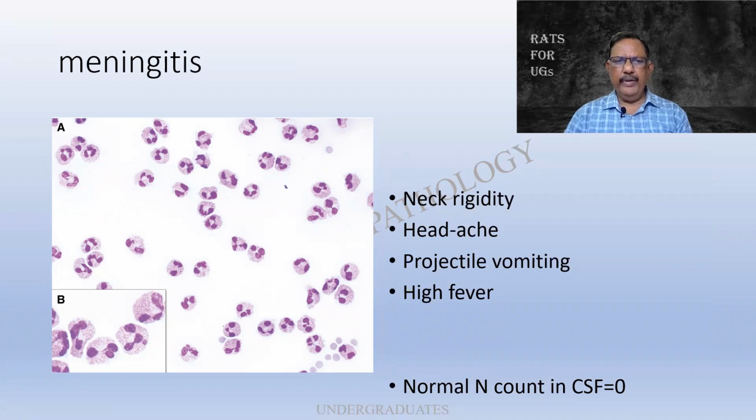These are the classical features of a meningitis. And normally no neutrophil will be seen in the cerebrospinal fluid. Even if you see a single one, it is an indication of an acute meningitis. And if I see so many neutrophils, straightforward, the diagnosis is acute bacterial meningitis.